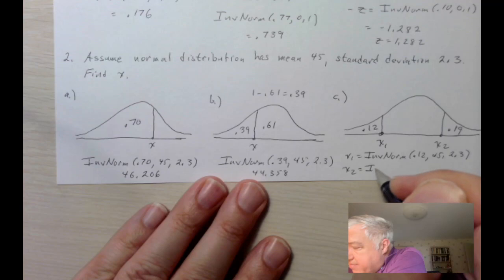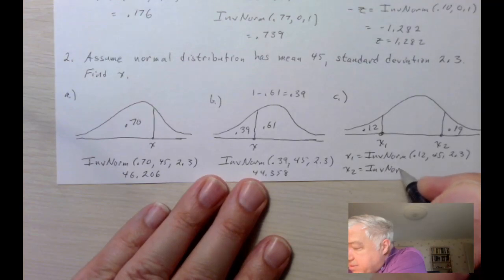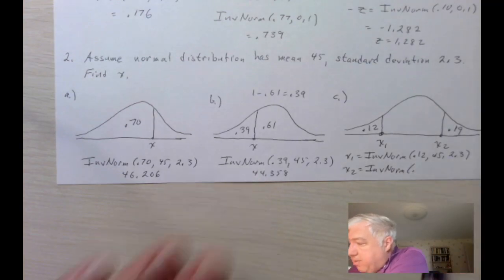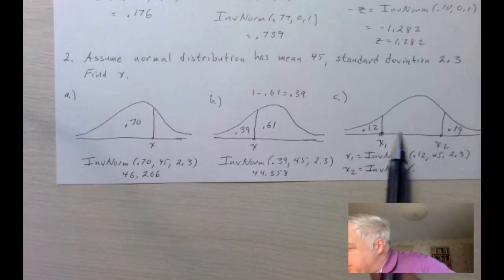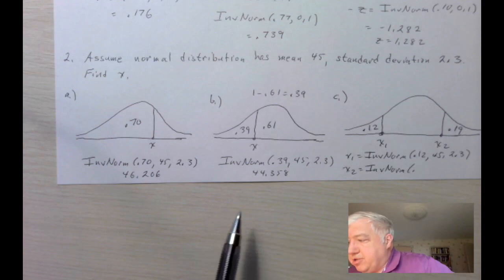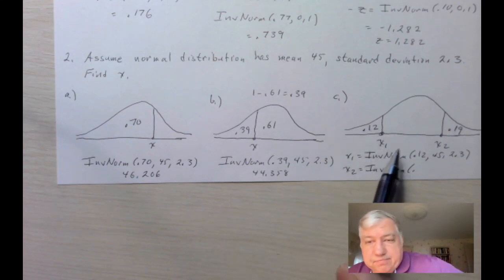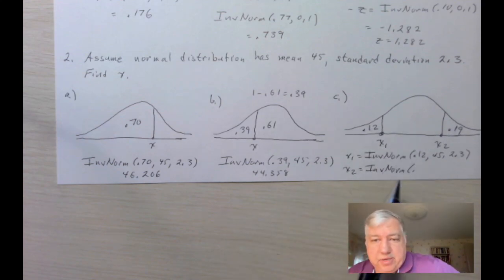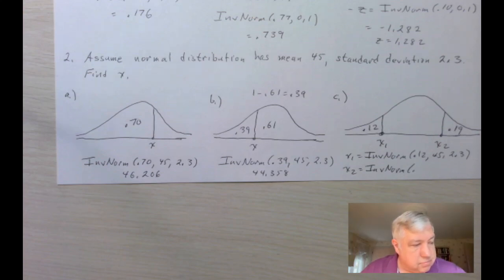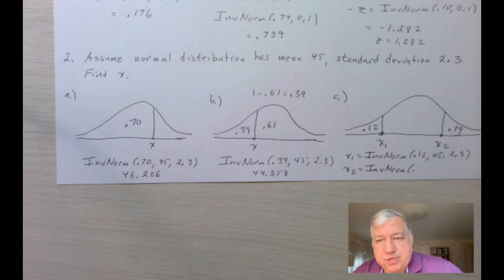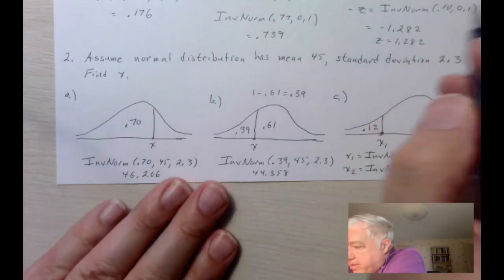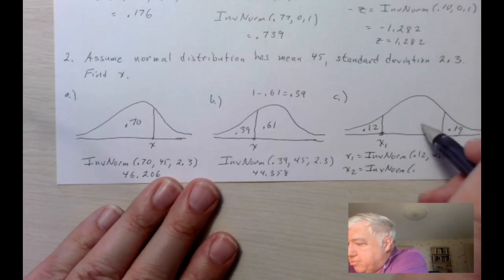x2 would be the inverse norm of, now what's this region? We know that this region plus this region plus this region is, what is it? These three regions add to 1. Okay, so we need to know this region right here.